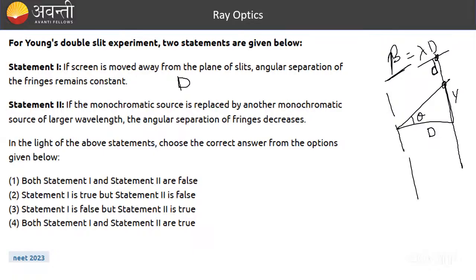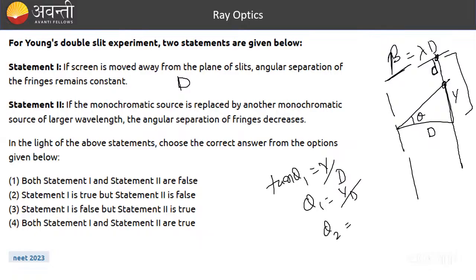So for one, tan theta will be equal to how much? Theta 1 is y by D. And where will the other be? So the first fringe is at an angle theta 1 equal to y by D, and another fringe will be at a separation of how much?